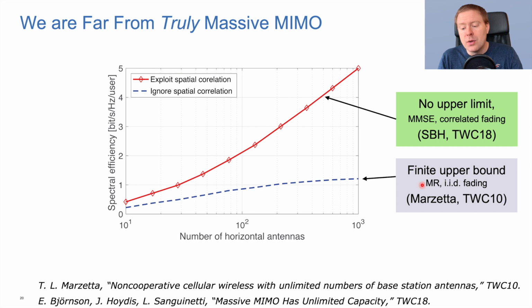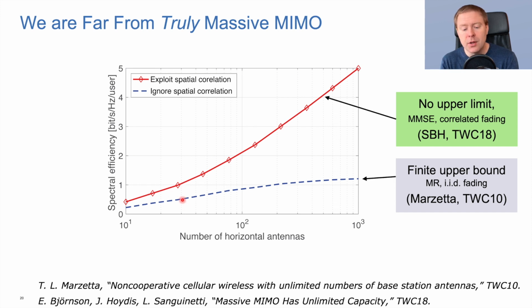And when you have a system with uncorrelated fading, as Marzetta was considering, then what is known as maximum ratio processing, where you are only focusing the beams directly towards the users, turns out to be a good option to utilize. There is not much need for trying to cancel out interference because you're still limited by the pilot contamination effect. But when you have correlated fading and you are using methods that cancel out interference, you can get much better performance.